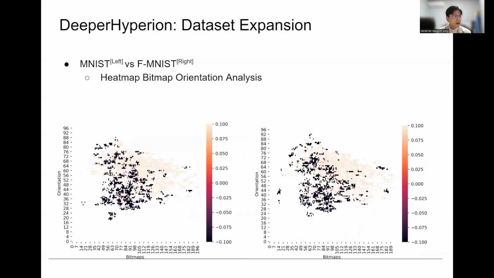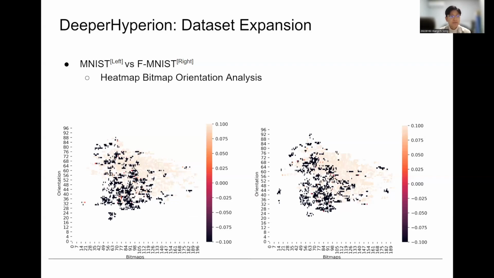And the third, the heat map bitmap orientation analysis. In conclusion, while both datasets exhibit variations across the bitmap and orientation combinations, the F-MNIST heat map shows a greater intensity of the extremes, indicating more significant performance deviations.